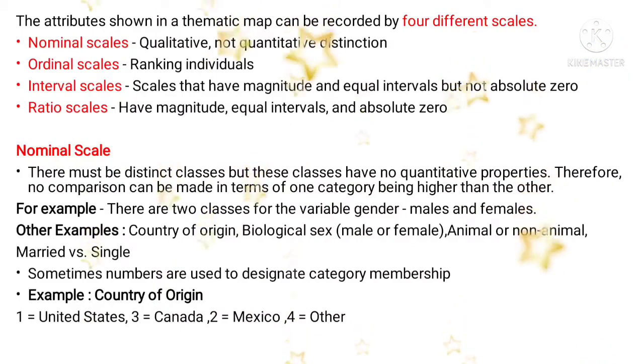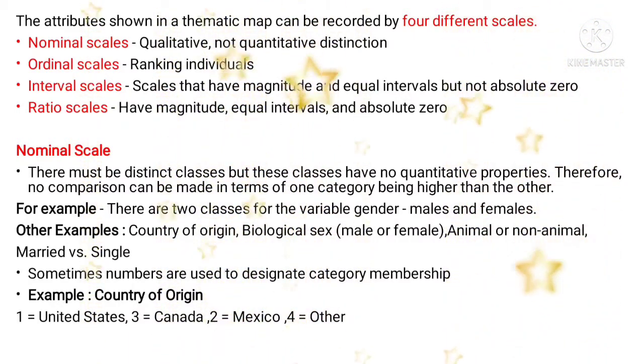Nominal refers to qualitative distinction. That is, there must be distinct classes, but these classes have no quantitative properties. Therefore, no comparison can be made in terms of one category being higher than the other.